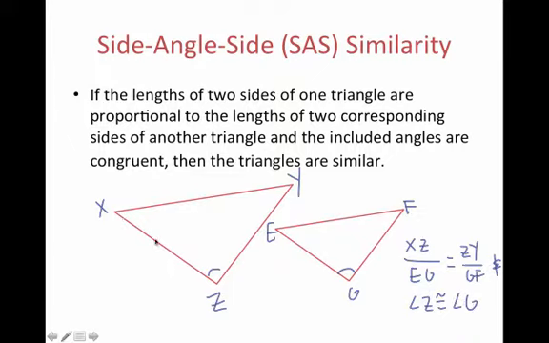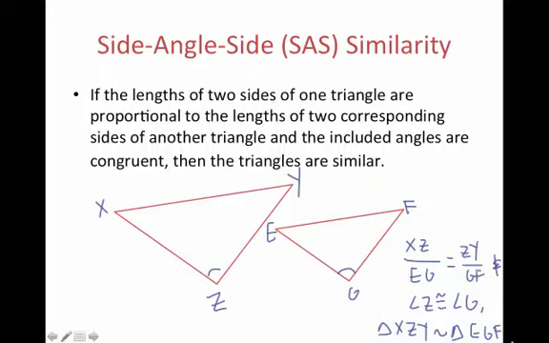So I know this side and this side are proportional to this side and this side. And the included angle, that means it's in between the two sides that I know. If I know the included angle is congruent, then I can say that triangle XZY is similar to triangle EGF.